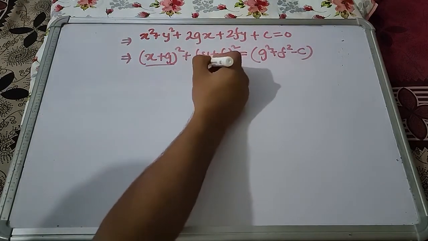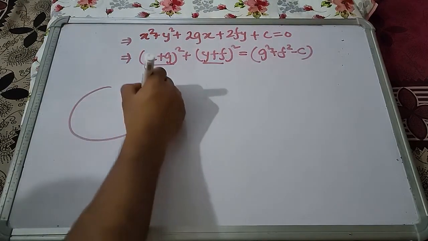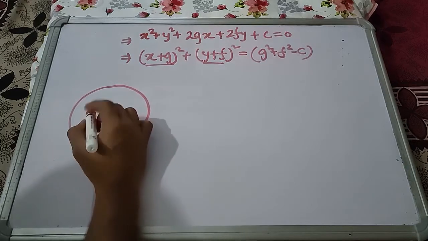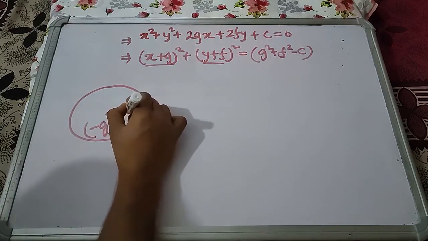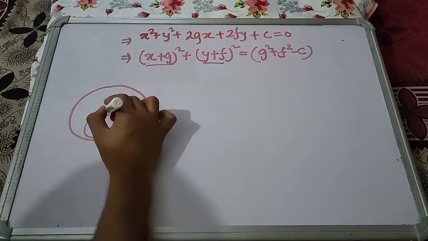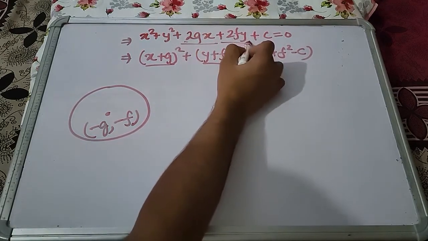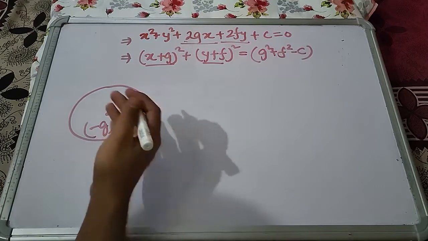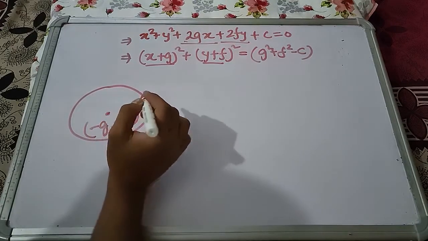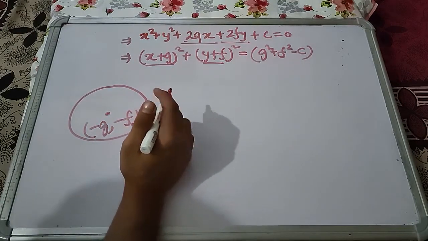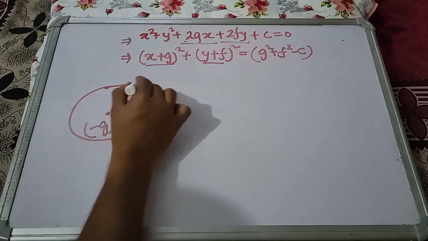So what you can conclude is that the circle should have center as minus g comma minus f. I think you already knew it if you have studied circles: divide the coefficient of x by minus 2, divide the coefficient of y by minus 2 and you get the center of the circle. Okay, but I have shown you separately as well.